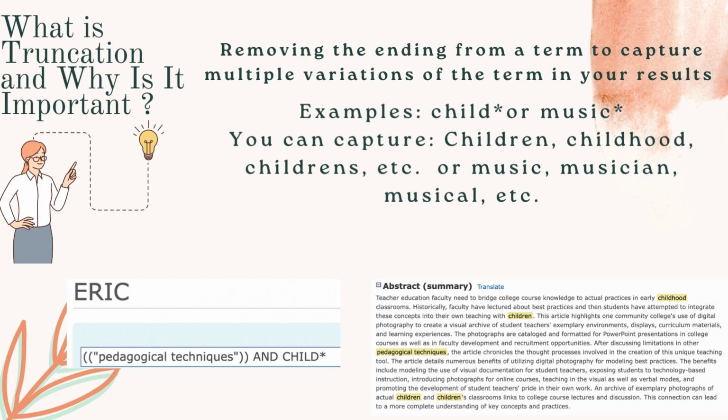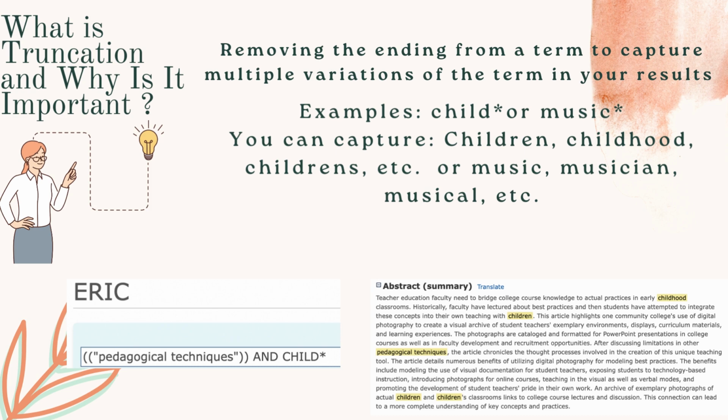So I know that articles will most likely use several variations of the word child. So I'm going to use my handy dandy truncation symbol in my search phrase. And here you can see that I wrote pedagogical techniques in parentheses, and I used a Boolean operator and then child, the word child with the truncation symbol.